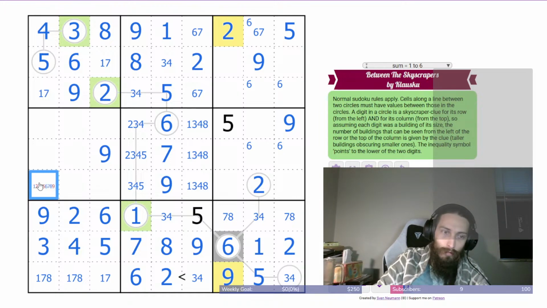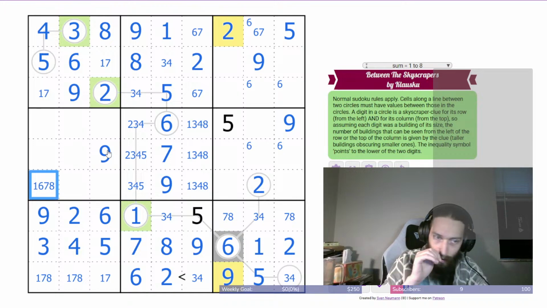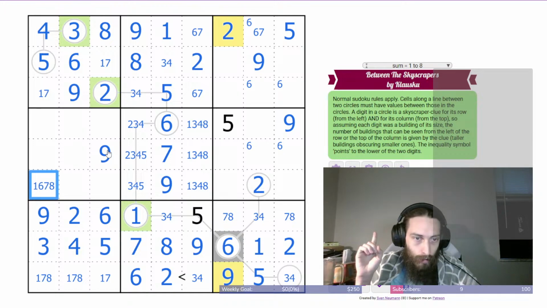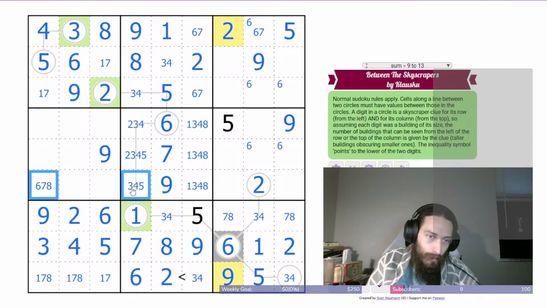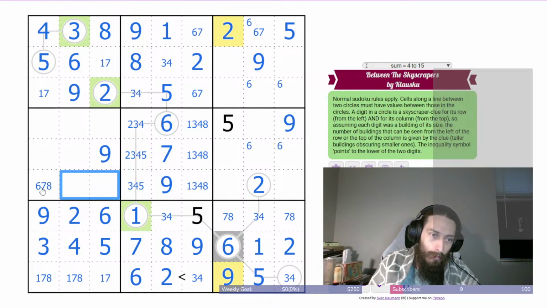Well, 9, 2, 3, 4, and 5. That can't be a 1, because that digit is in between those. But now, this being 6, 7, or 8 isn't a problem, because we don't know what these are. But as long as this is bigger than both of those, right.